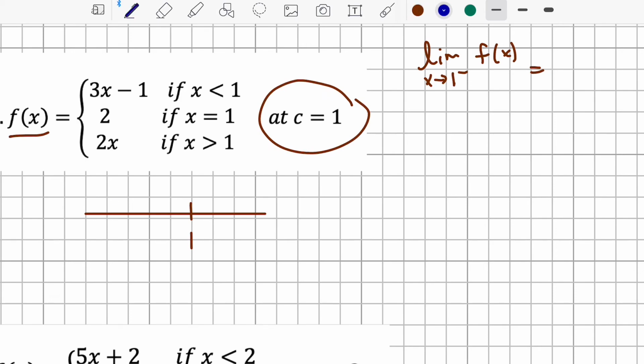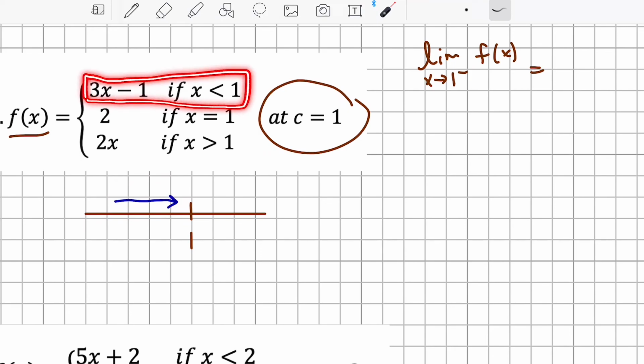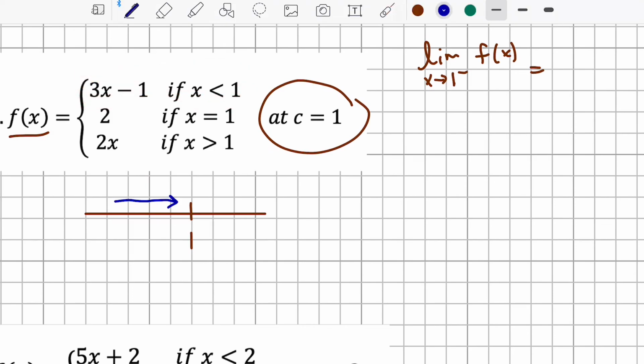If I approach 1 from the left, that means I'm coming from the left, moving towards the right. But what I have to do is consider all these numbers that are to the left of 1. That means that all these numbers are going to be less than 1. So I need to pick the one that has x less than 1. So 3x minus 1 is the function we're going to use.